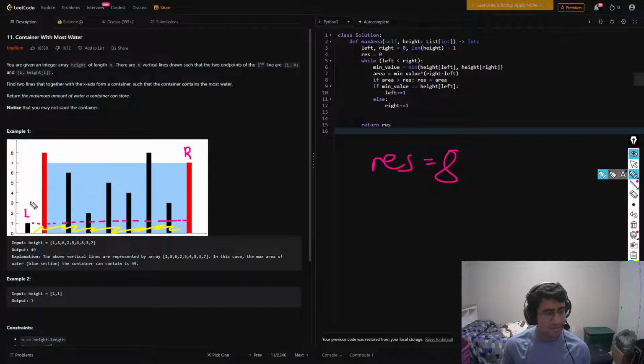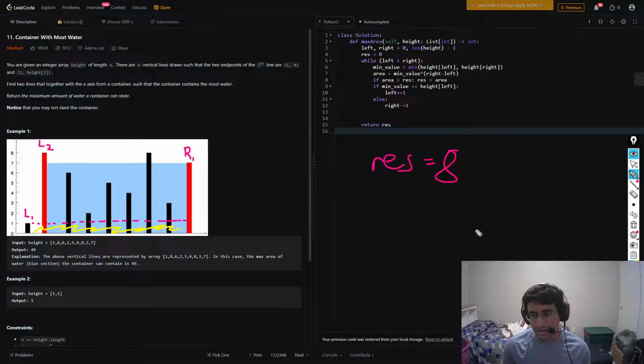So basically, the left is going to go here to start. I'll say this is L1 and R1. Next, we'll move to L2. And this is our max area, but technically we don't know that yet, right?